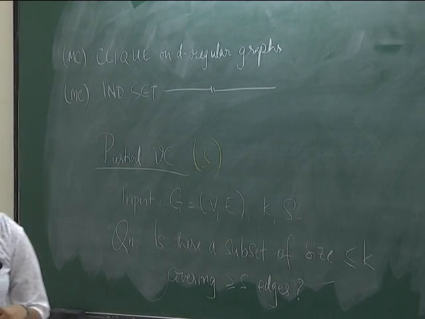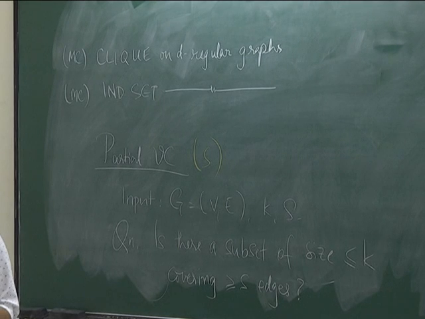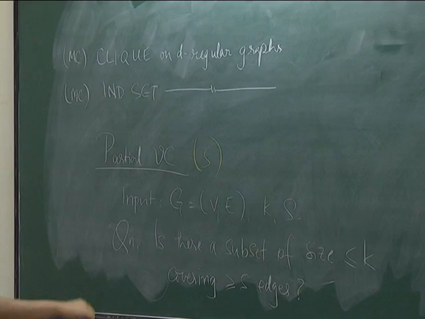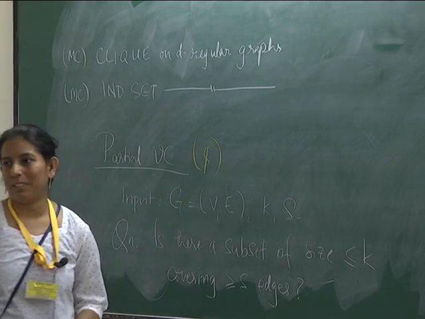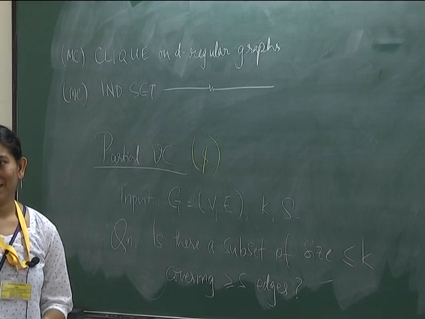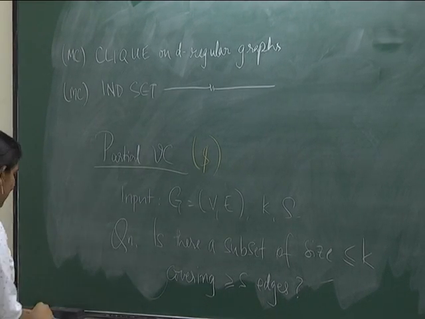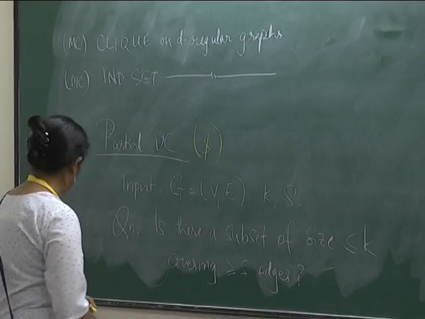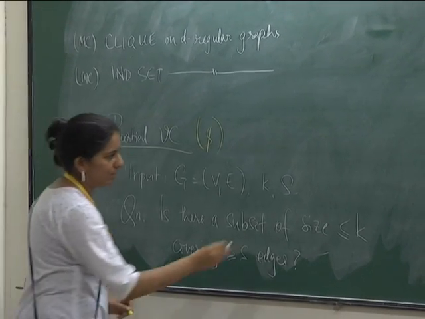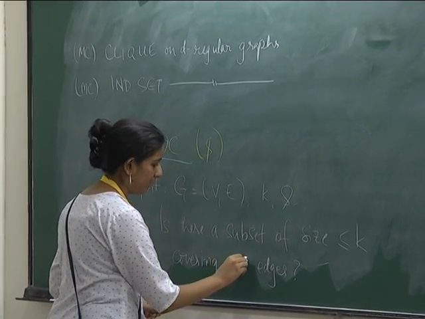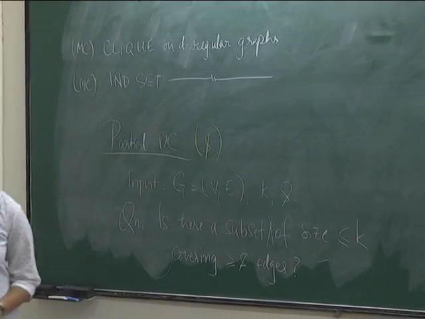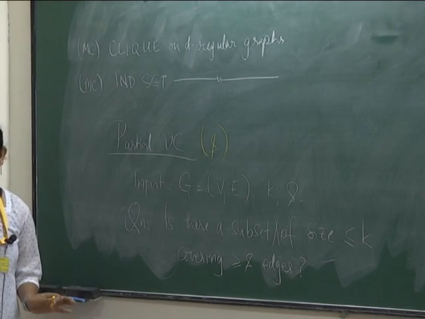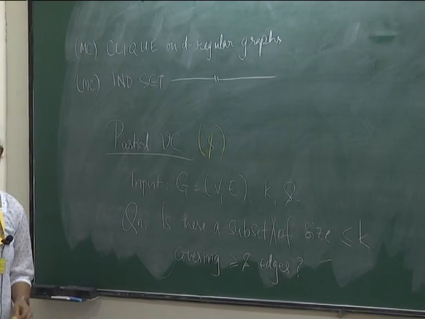Sorry, was that S? Yes, S is just a number. Sorry, it's a handwriting issue. I'm saying this is parameterized by S. It's not a subset. So, is there a subset X of size at most K that covers at least S edges?